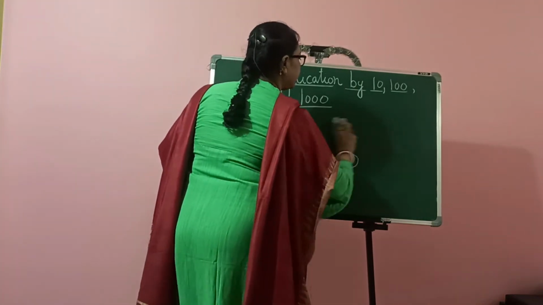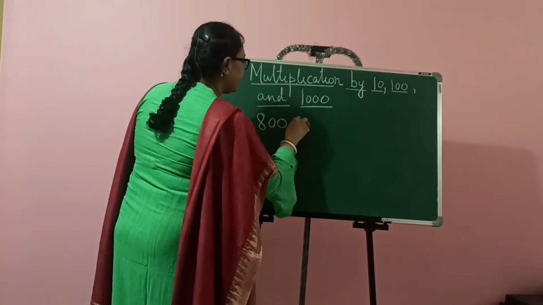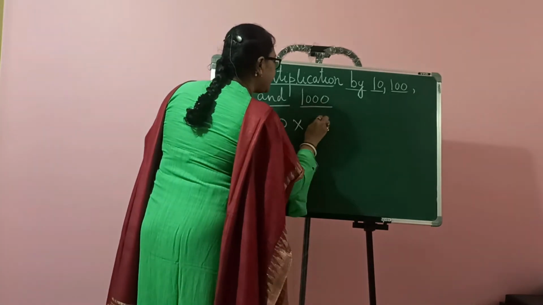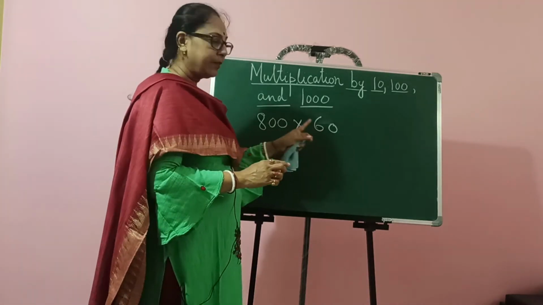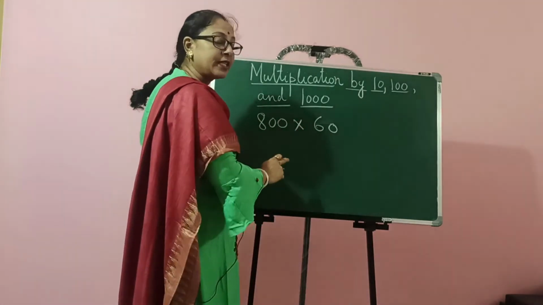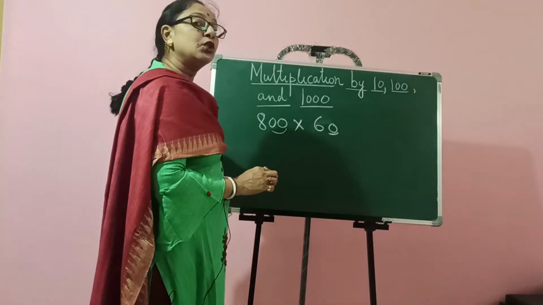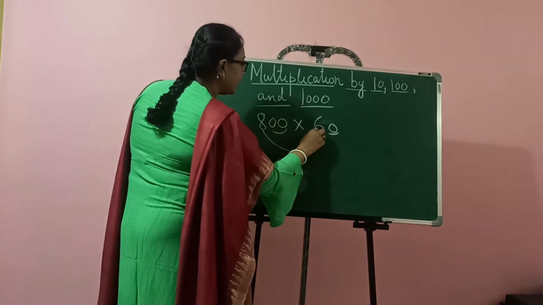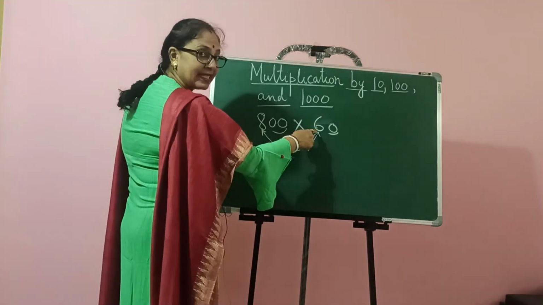Say you have 800 into 60. Here both the factors again have zeros at the end. So we first multiply the non-zero digits. Here we have 8 and 6.